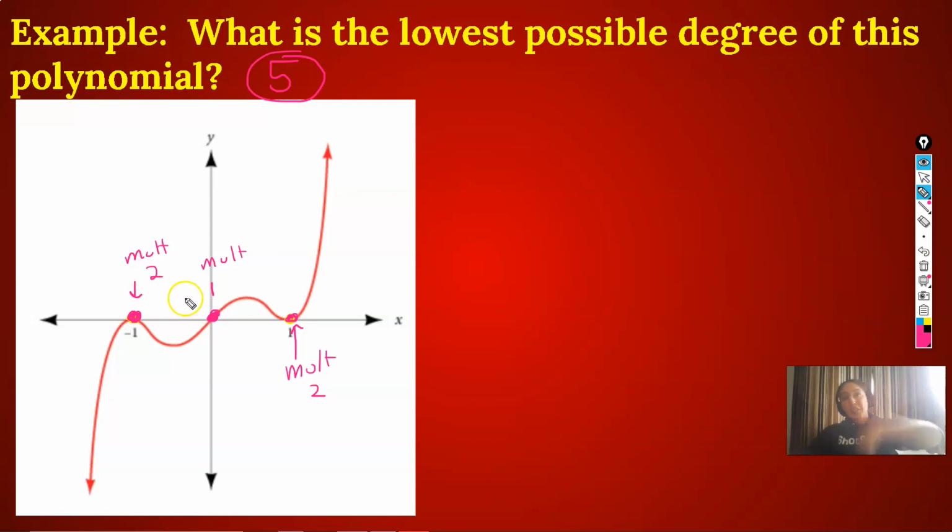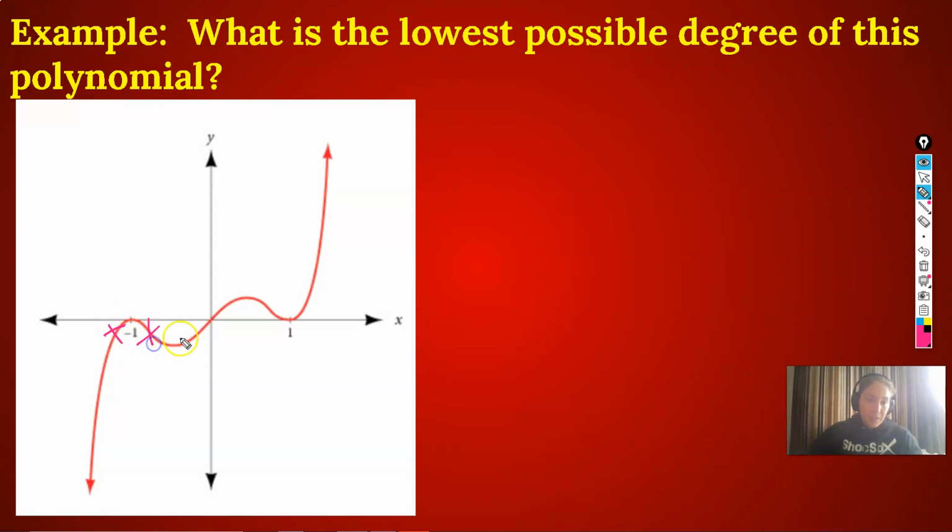So we're increasing, and then we're decreasing, then we change, so now we're increasing, and now decreasing, and now increasing. So that's 1, 2, 3, 4, 5. I'm going to call these directional changes. So this will also tell you that this was at minimum a degree 5 polynomial as well.